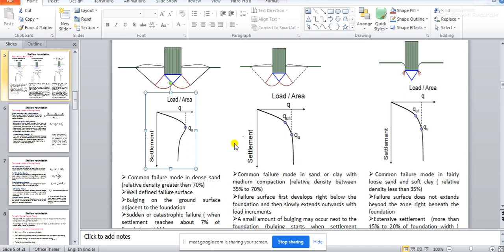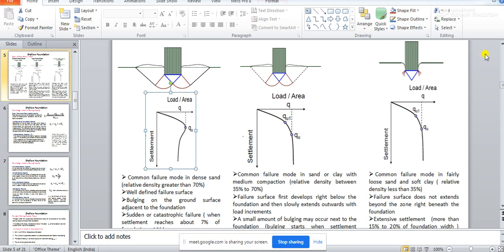On one axis you plot load divided by area, and on the other axis you plot the settlement, that is, how much settlement happens for the foundation because of the load per unit area.